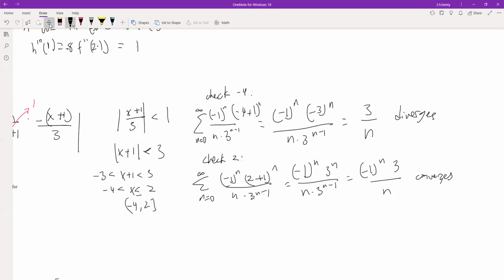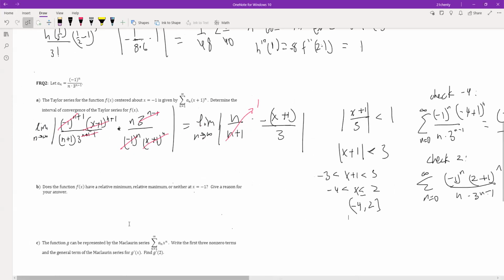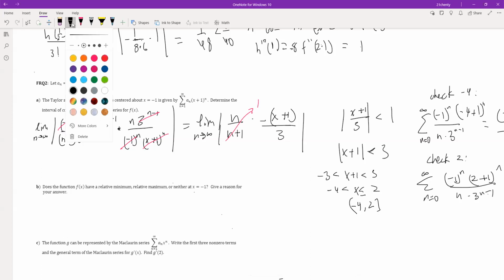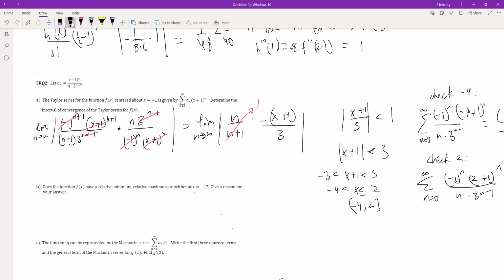Okay, now on to part C. Wait, no, that was only part A. Okay, on to part B then. Does the function have a relative minimum, relative maximum, or neither at x equals negative 1? So let's just write out what f of x is.